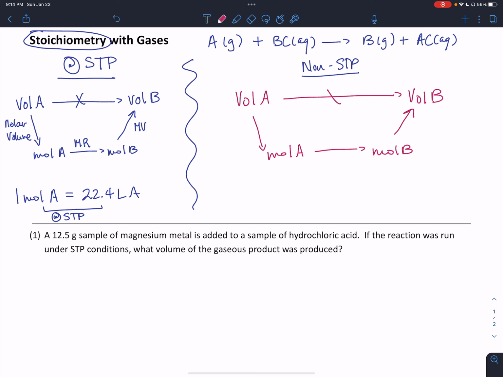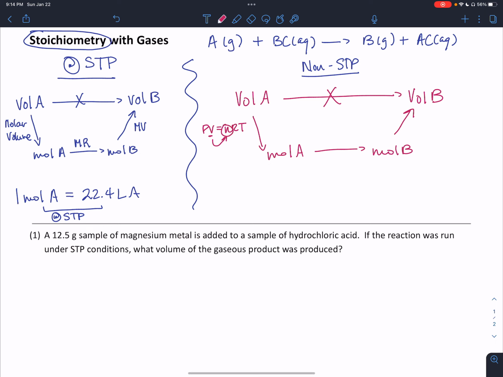The difference here is the first step and the last step. We cannot use molar volume because we are not under standard temperature and pressure conditions. So instead, we're going to use the ideal gas law, where PV = nRT. We're going to start with our volume and calculate the moles, so our unknown here is going to be n.